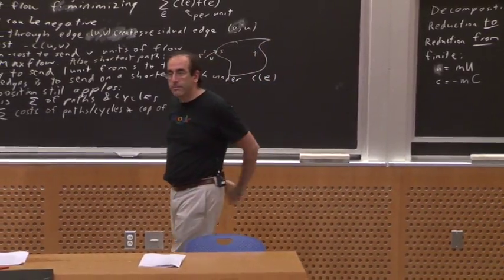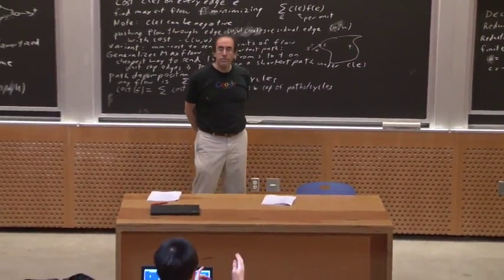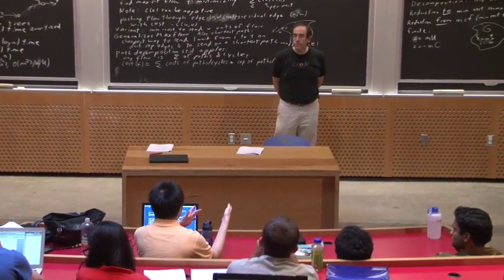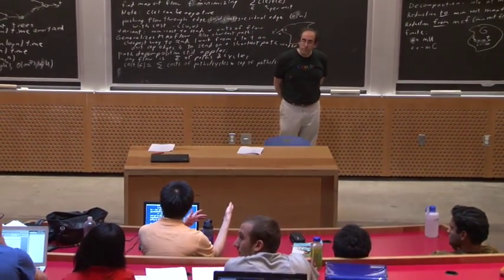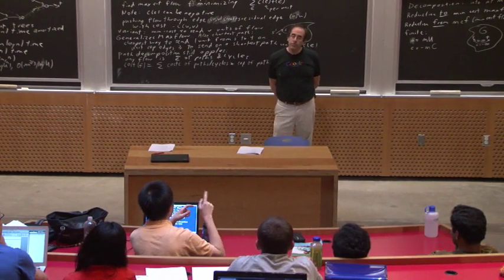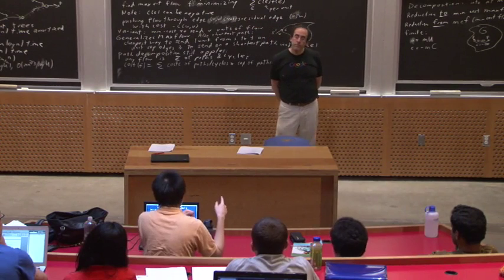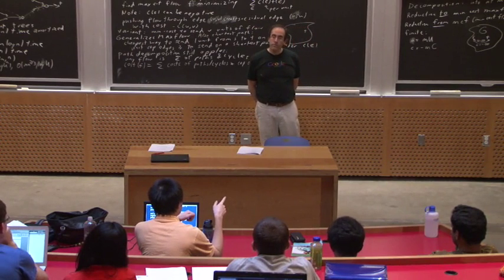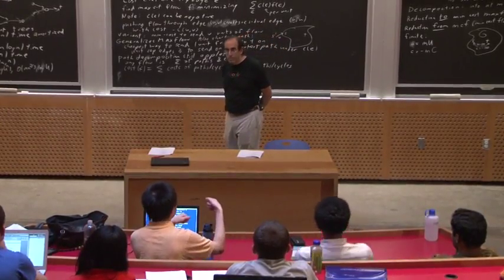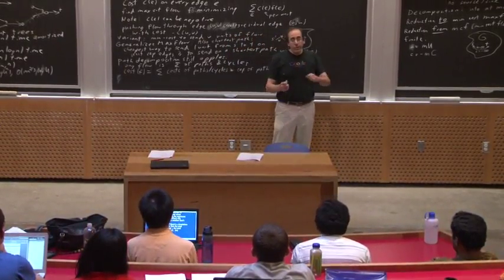If there's a circulation that avoids TS, then we know that the total cost is more than minus n F C. So the circulation that sends F from T to S is really better. Good.